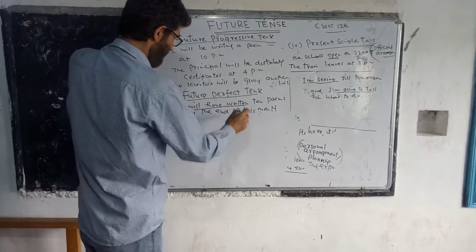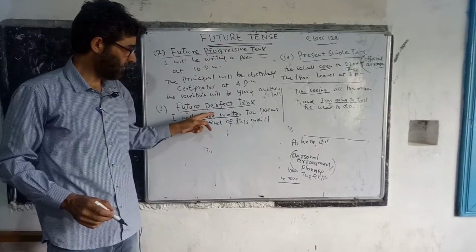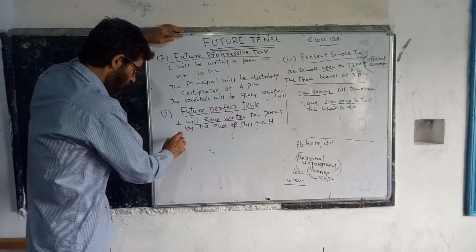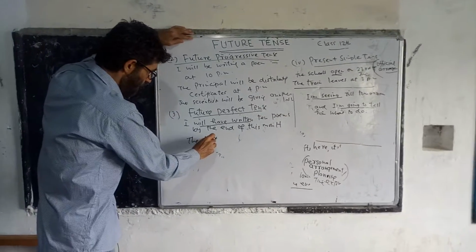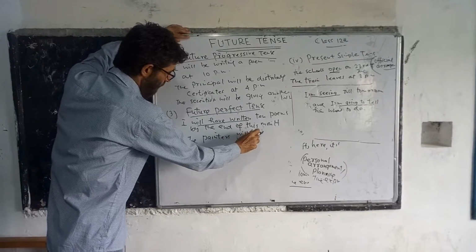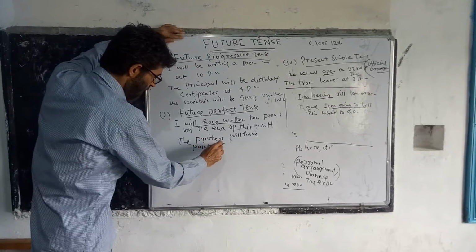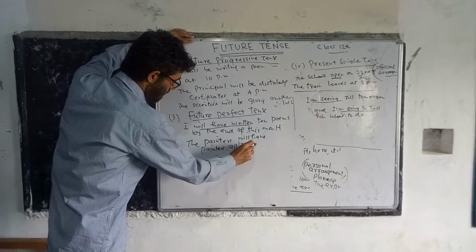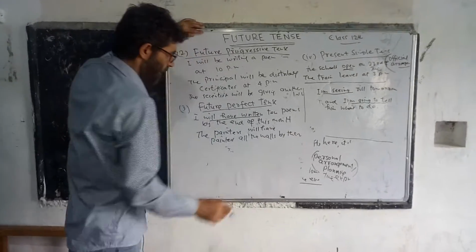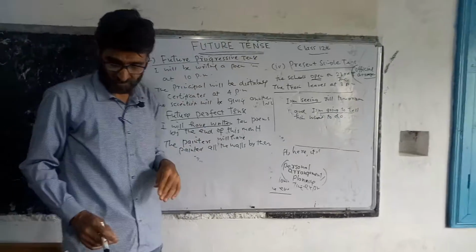Will have written क्या है? Future perfect tense. Will have written, will आता पहले उसके बाद have plus third form of the verb. The painters will have painted all the walls by then. तो उनने complete किया होगा अपना काम उस वक्त. So this is also an example of future perfect tense.